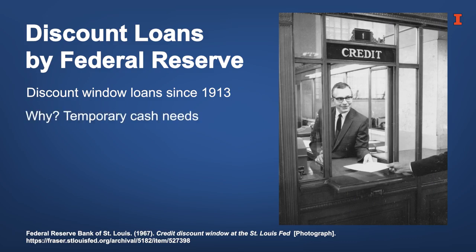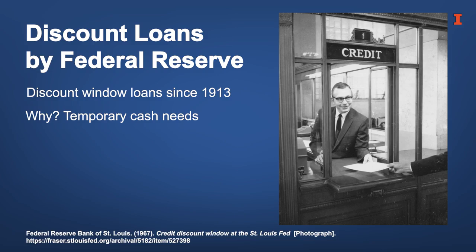Why does the Fed do this? Well, the loans provide cash to banks on short notice. This ensures that there is enough cash in the banking system. In the extreme, this can prevent bank runs and banking panics.